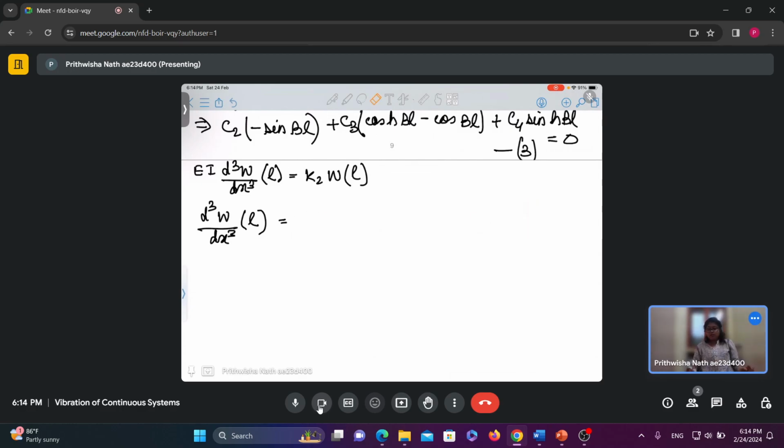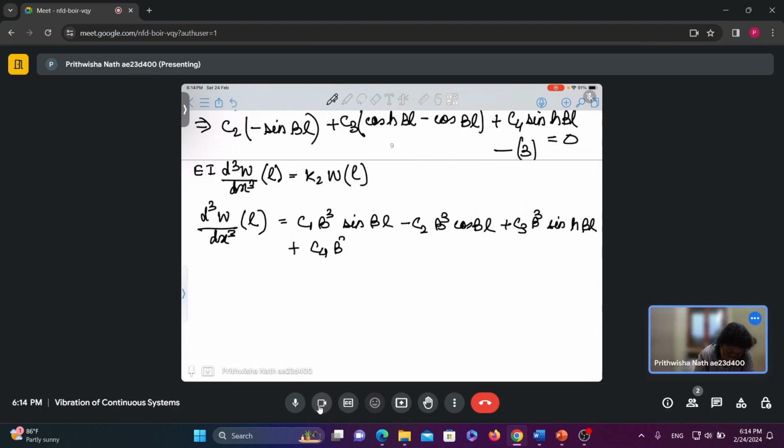I'll substitute the terms for the third derivative, which is C1 beta cube sine beta L minus C2 beta cube cos beta L plus C3 beta cube sin hyperbolic beta L plus C4 beta cube cos hyperbolic beta L.